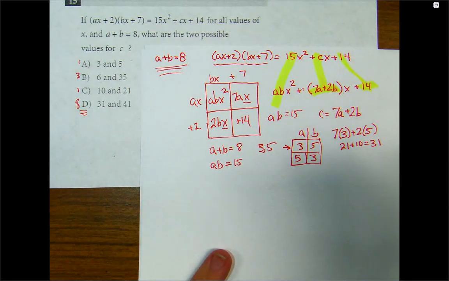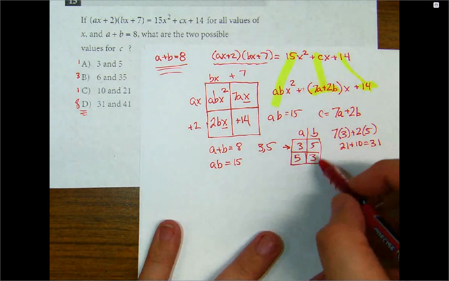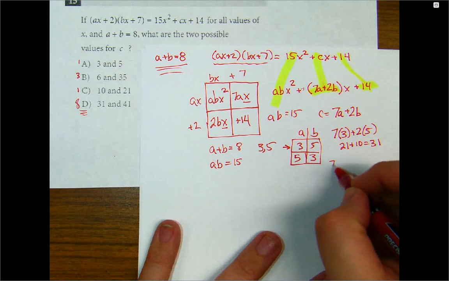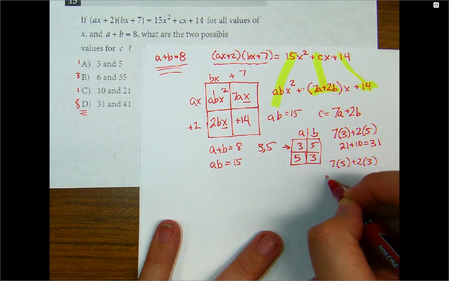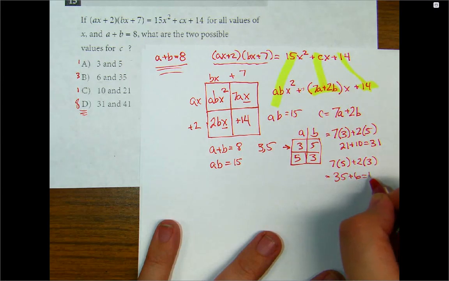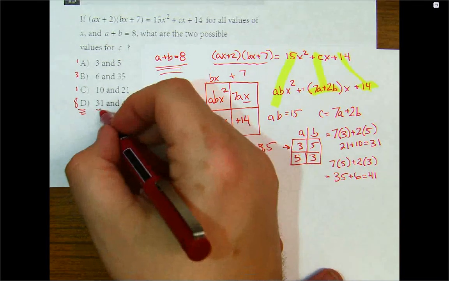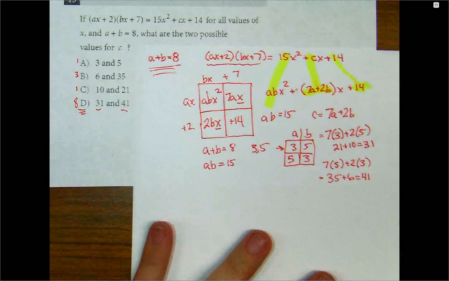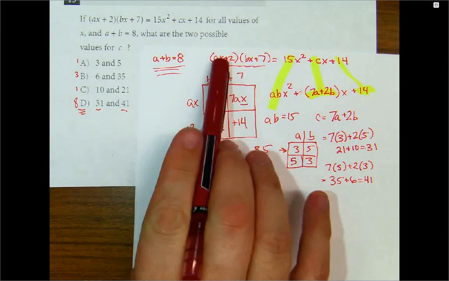When a is 5 and b is 3, I get 7 times 5 plus 2 times 3. 35 plus 6. That's 41. So there's your 31 and there's your 41. But the best thing is to multiply that out. Part of it's going to be a, part of it's going to be b, part of it's going to be c.